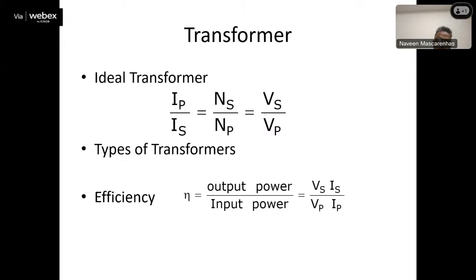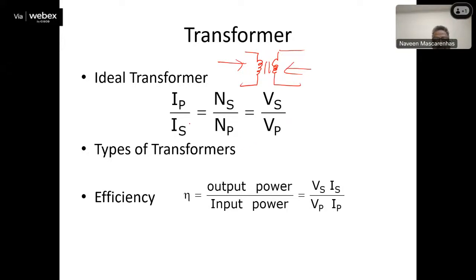All right, this is the transformer now. You know the primary and secondary of a transformer. The role of a transformer is to isolate the two circuits, the primary circuit from the secondary circuit, without much loss in power. That's what we wanted.